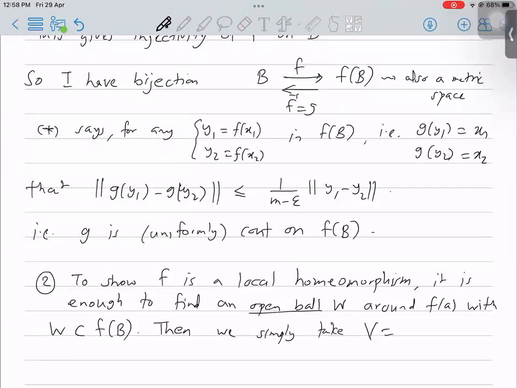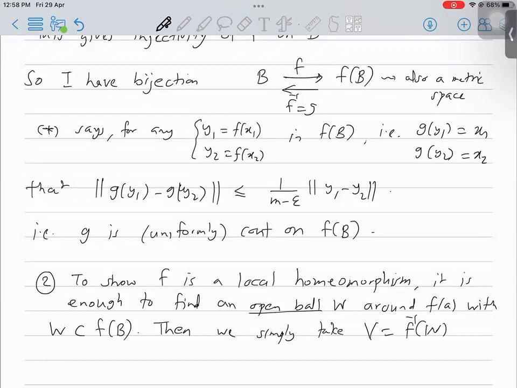V to be what? Remember, f is supposed to be a bijection between V and W. f is already a bijection on B. So all along, I just take W, so if I just take f inverse of W. Do I have to worry about whether V is open now that I ensured that W is open?